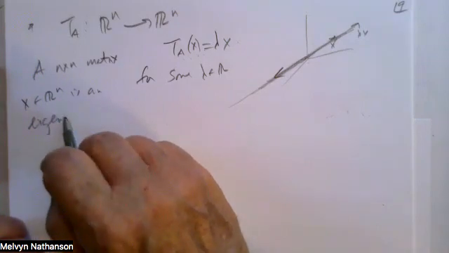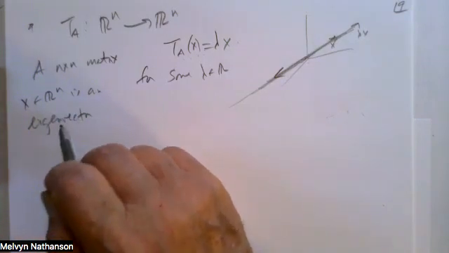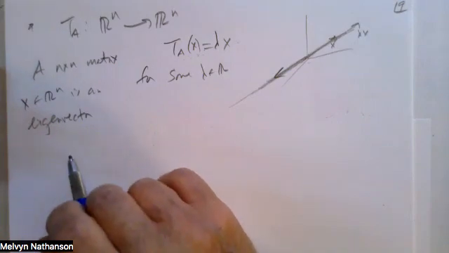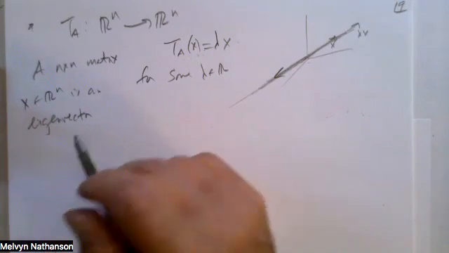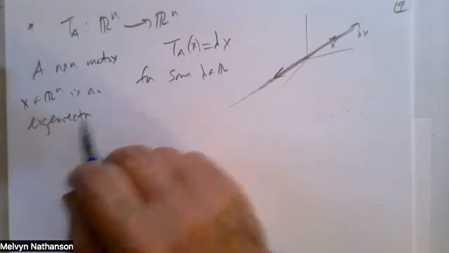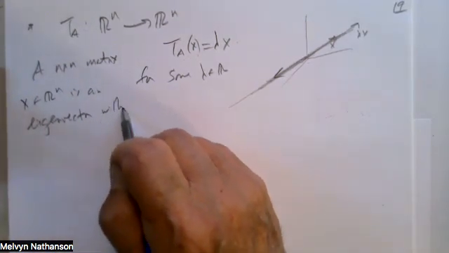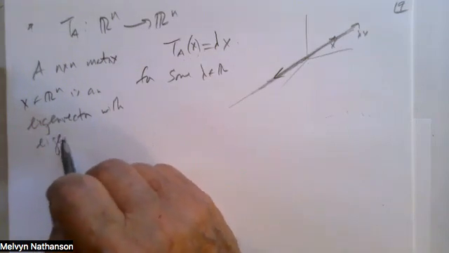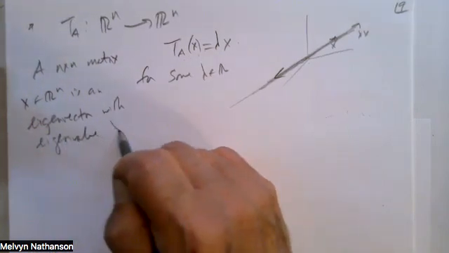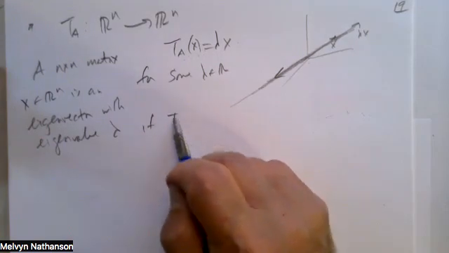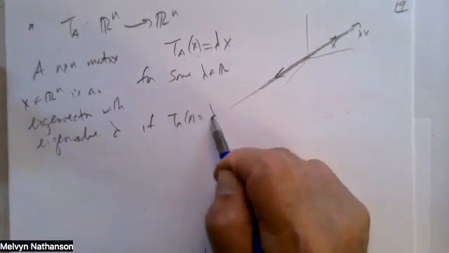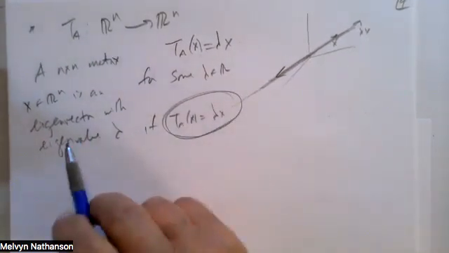It's a German word that vector is vector, and eigen just means characteristic. It's an eigenvector with eigenvalue lambda if T sub A of x is just lambda times x.